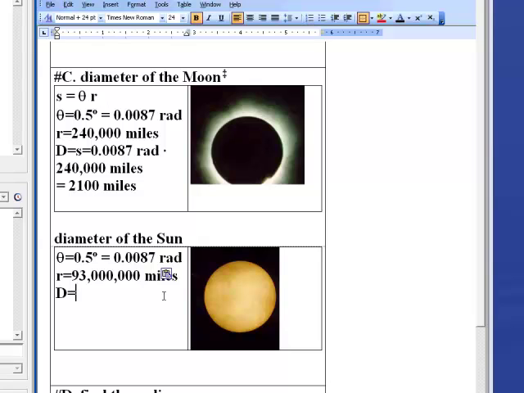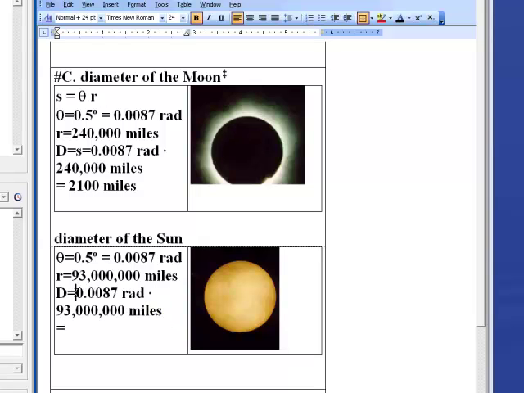Estimate the diameter of the sun to the nearest 10,000 miles. So we're going to take the 0.0087 radians and multiply with the distance to the sun.